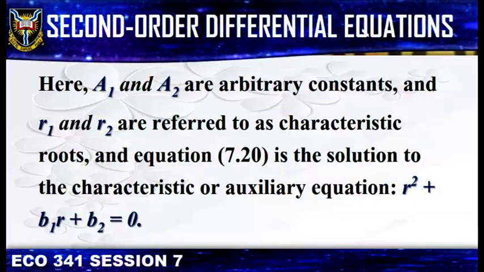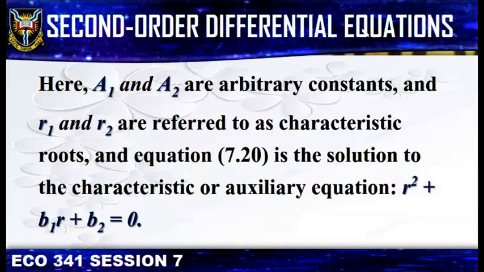Here, A1 and A2 are arbitrary constants, and b1 squared is not equal to 4b2. r1 and r2 are referred to as characteristic roots, and equation 7.20 is the solution to the characteristic or auxiliary equation r squared plus b1 r plus b2 is equal to 0.